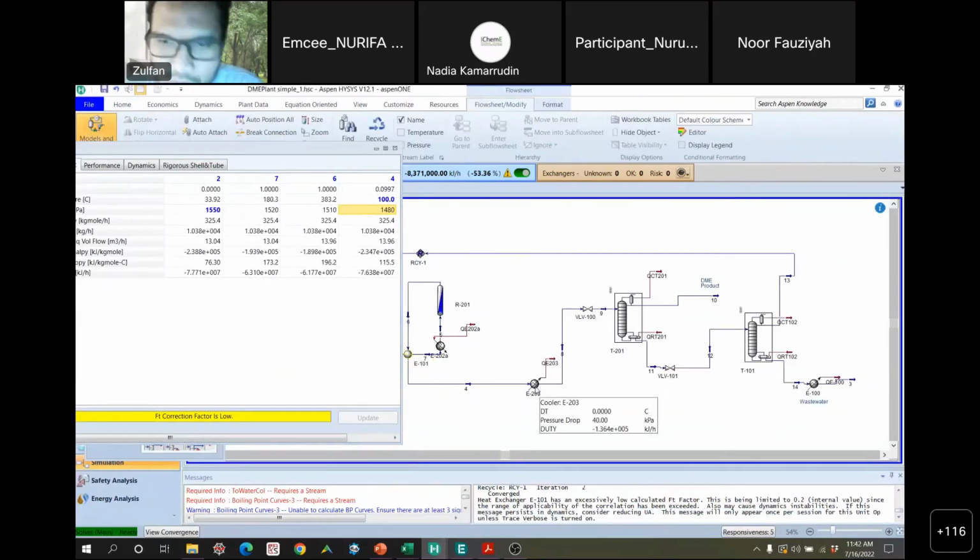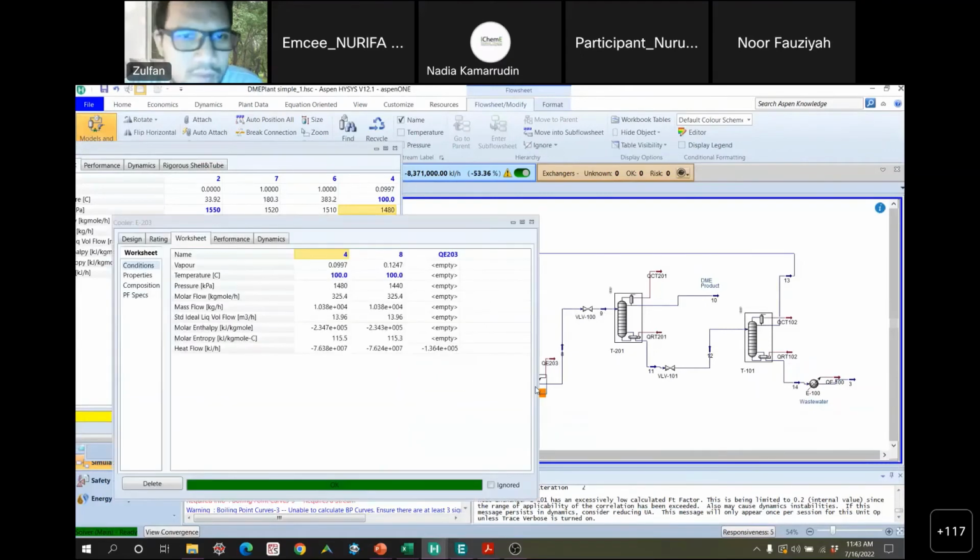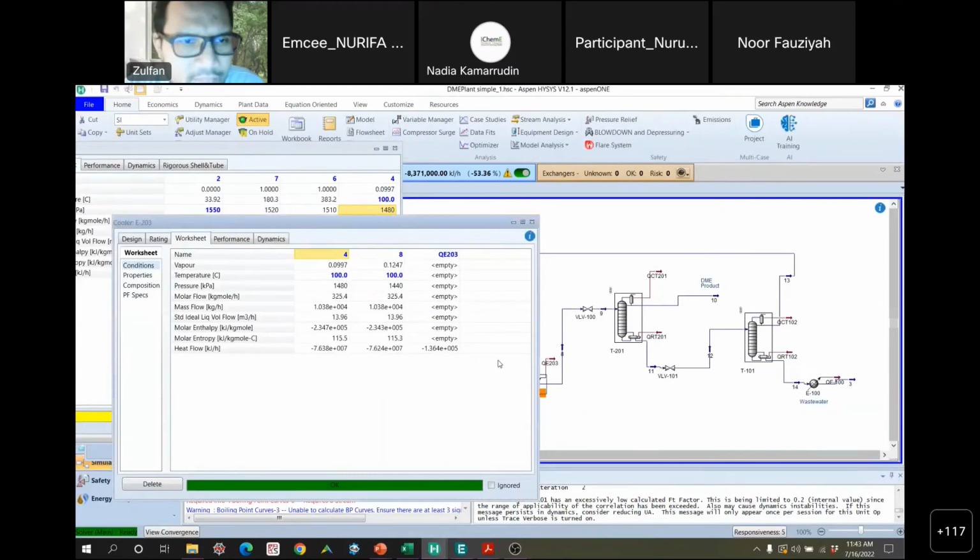See, the duty is very big. Why is this duty so big? Yeah, it's kilojoule per hour, so we have to divide it by 3,600. In this case, it has some vapor to condense.